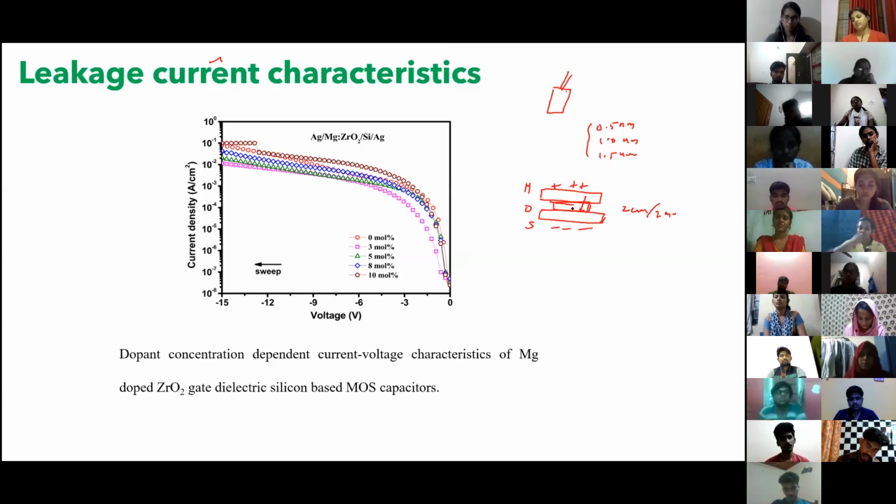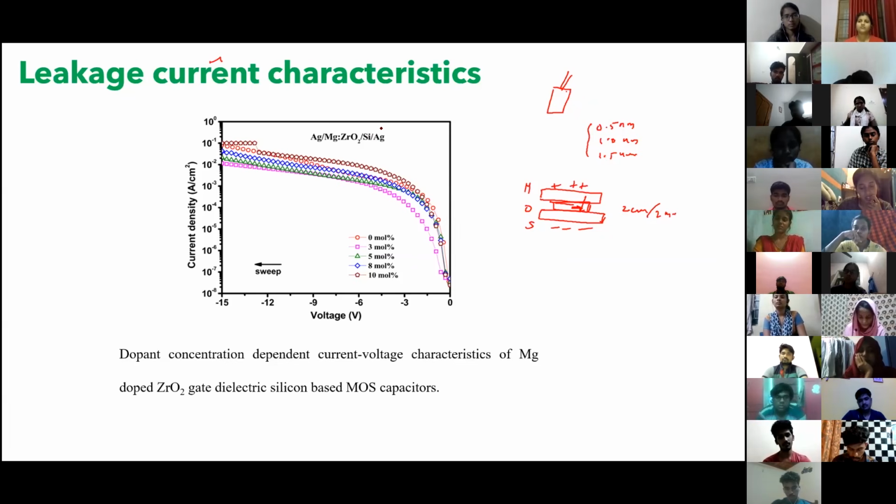But in MOS capacitors, the thickness of the film is a few tens of nanometers. So the leakage current is a big issue, and we have to find a material with a low leakage current. So understanding the leakage current through the dielectric layer is very important.